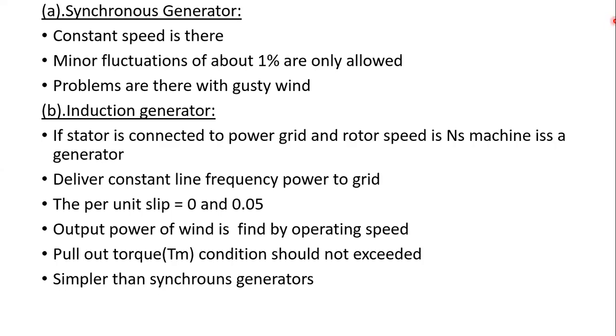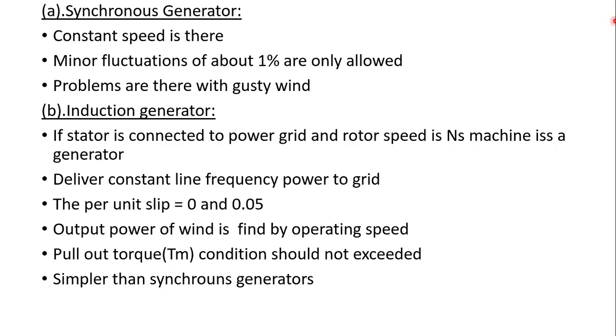Here, the synchronous speed formula is ns = 120f/p, where f is the line frequency and p is the number of poles for which the stator winding is made.